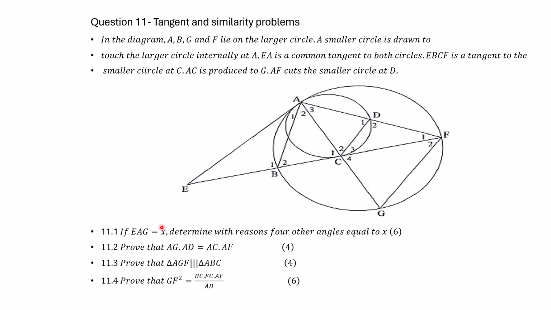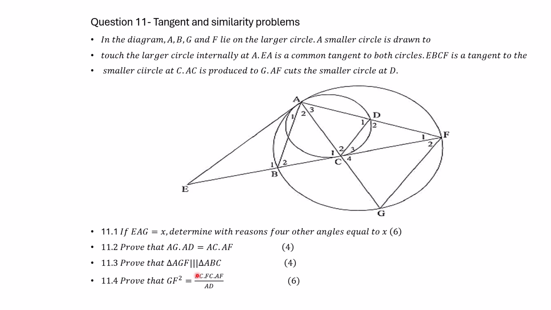Alright, so generally with these problems, first they say if EAG equals X. Now they haven't given us any values, like 20 degrees, so technically we're solving a rider. Determine, with reasons, four other angles equal to X. So EAG, A1 and 2 there, according to them is X. It's given as X, and then we have to find four other angles equal to X. Once we're done with that, we're going to use whatever we found to prove that AG times AD equals AC times AF.